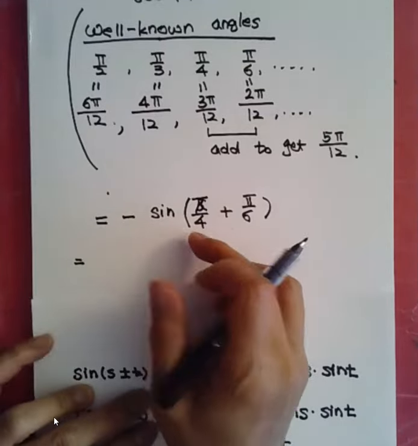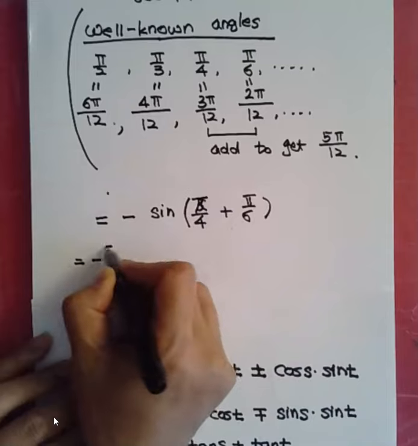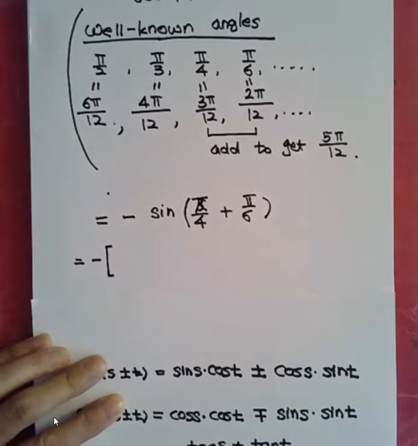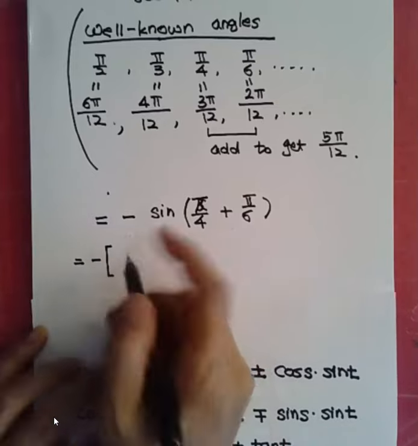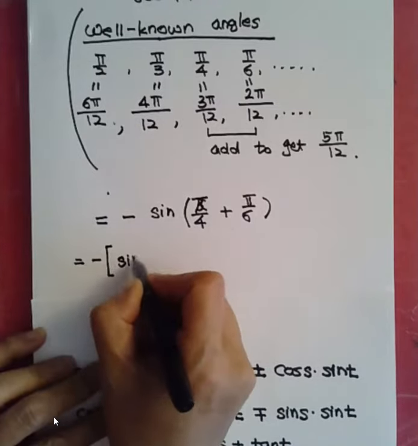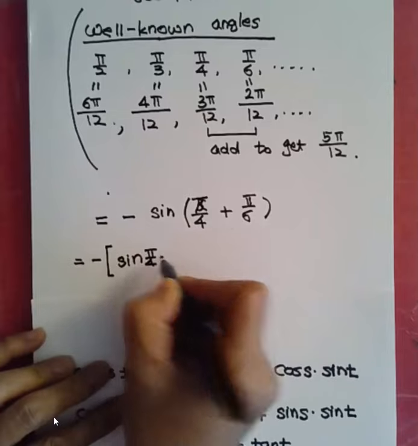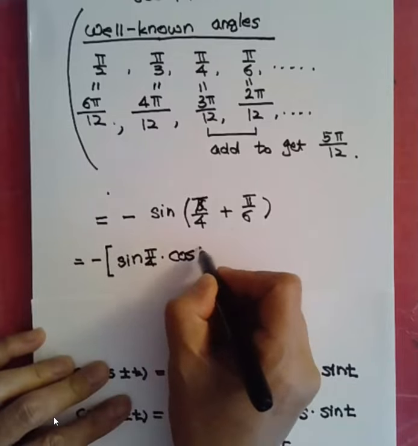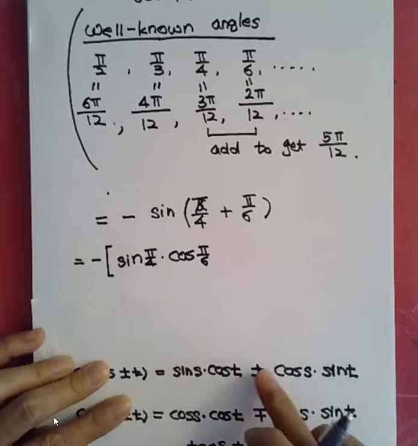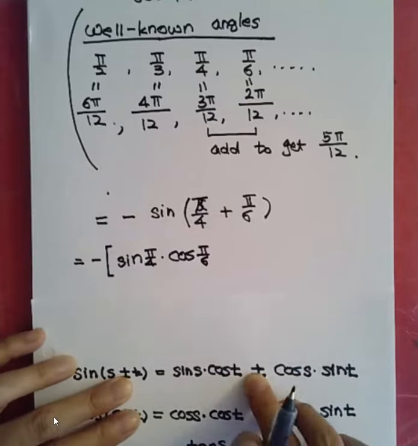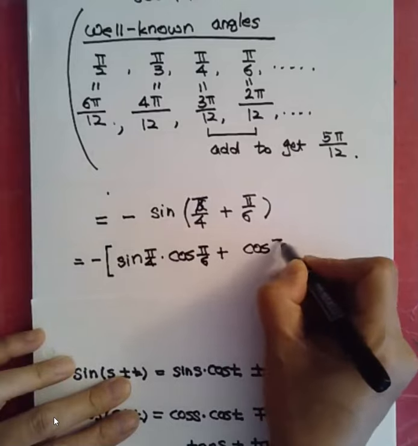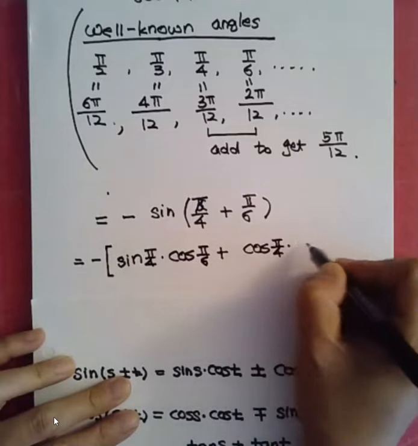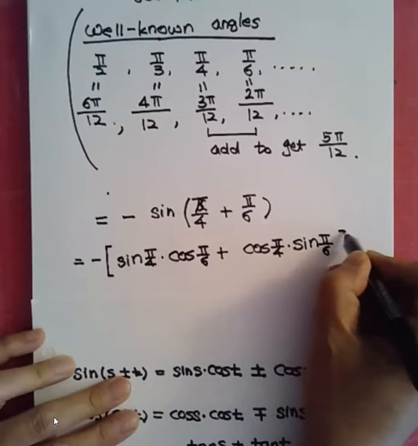So minus is in front of the bracket. Then we start with sine of pi over 4 times cosine of pi over 6. The plus stays plus, then cosine of pi over 4 times sine of pi over 6.